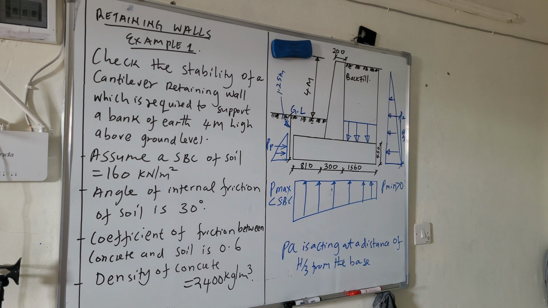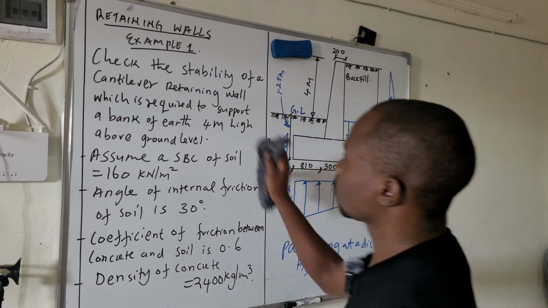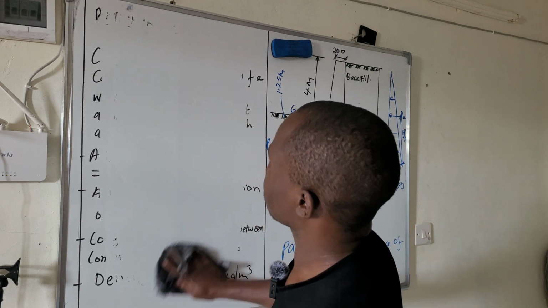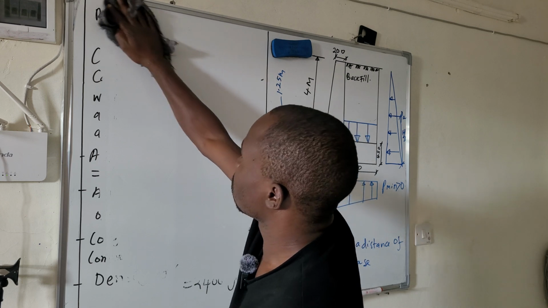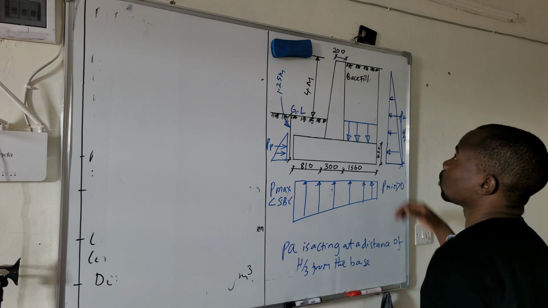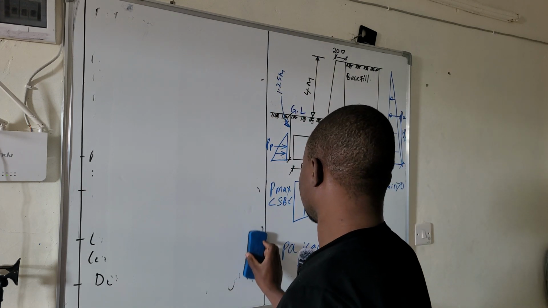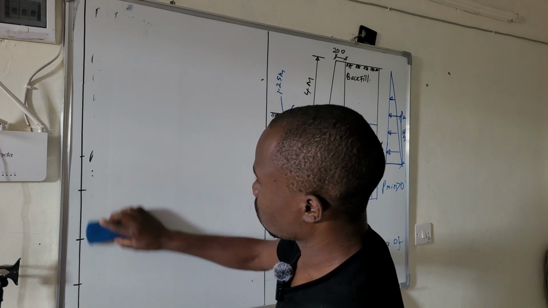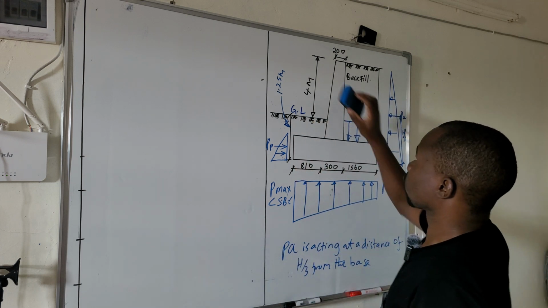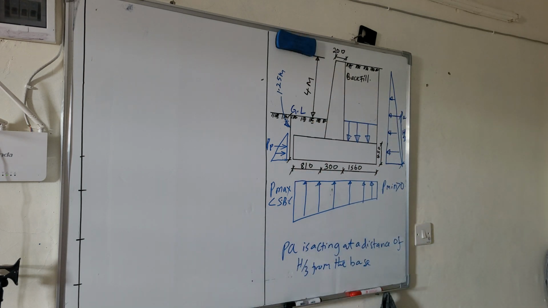So allow me to clean here so that I can create more space for more calculation. To check the stability of this retaining wall, we will consider three items.